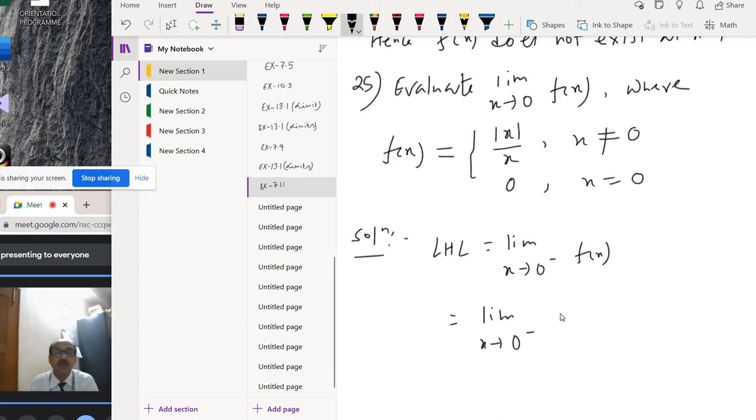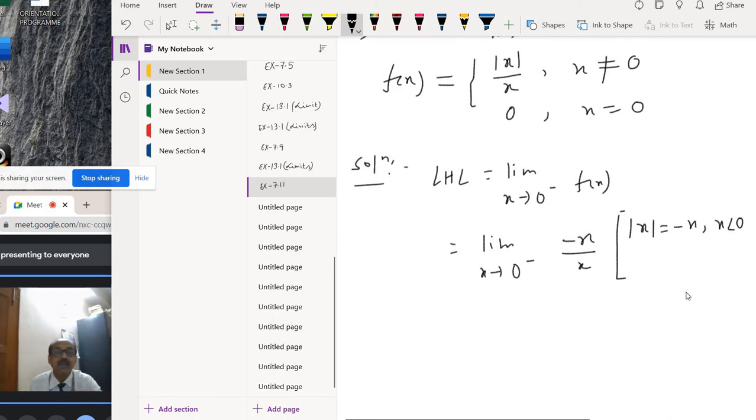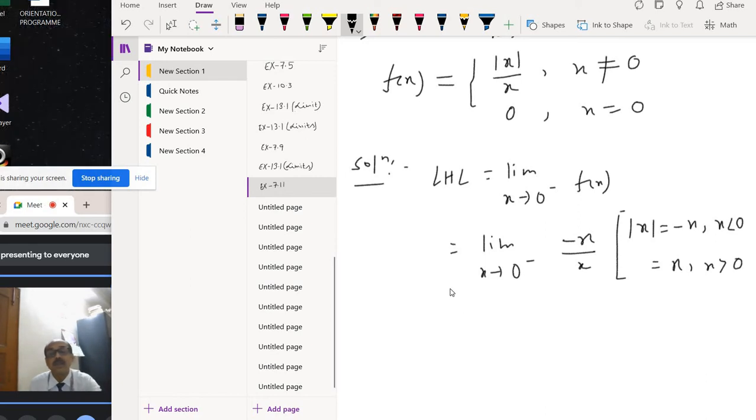This is the definition of mod x: mod x equals minus x when x is less than 0, and equals x when x is greater than 0. So this equals minus x by x, that is minus 1.